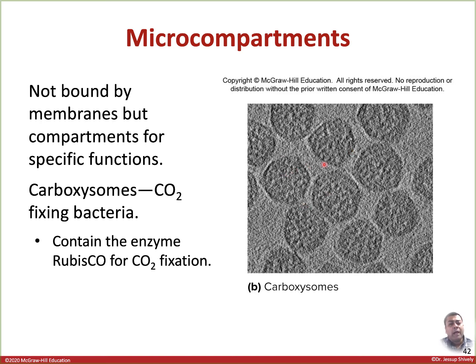A classic example of one of these microcompartments is the carboxysome. And these are present in the carbon dioxide fixing bacteria. That means that these are autotrophs which can fix carbon dioxide by either chemical or photosynthetic methods. Towards the outside, they have this carbonic anhydrase enzyme, which actually helps convert bicarbonate, HCO3 minus, to carbon dioxide.